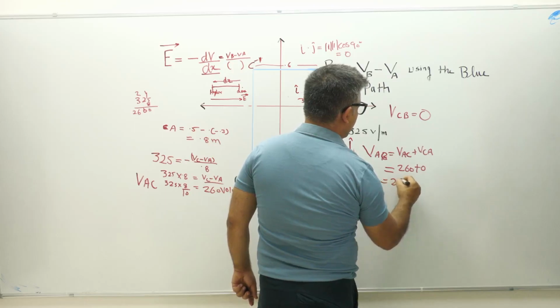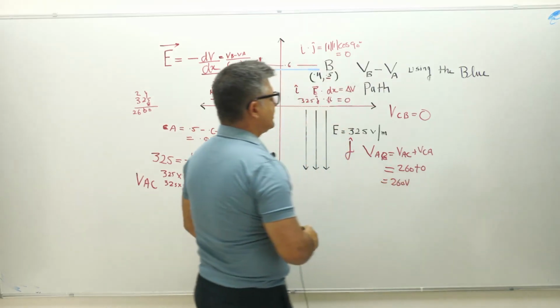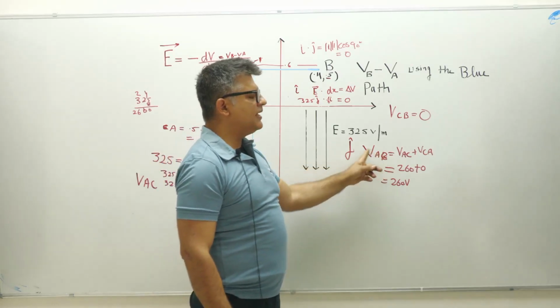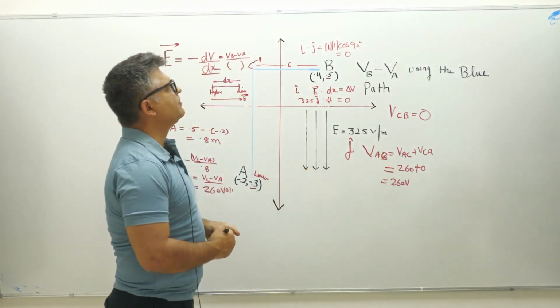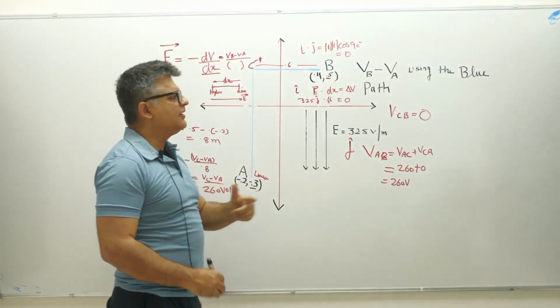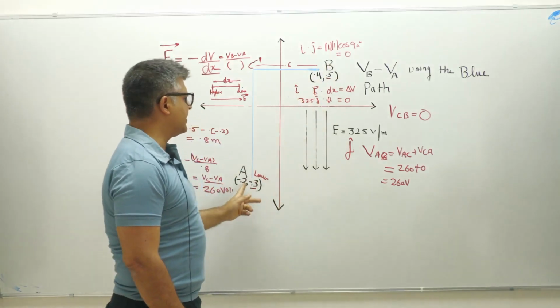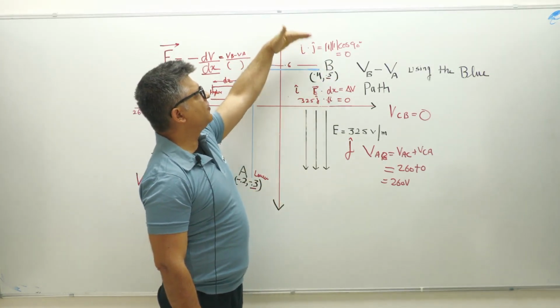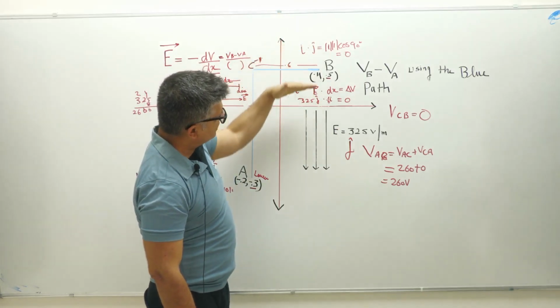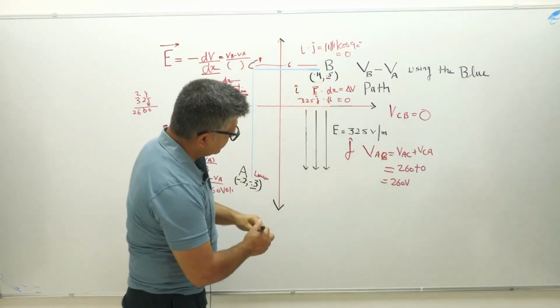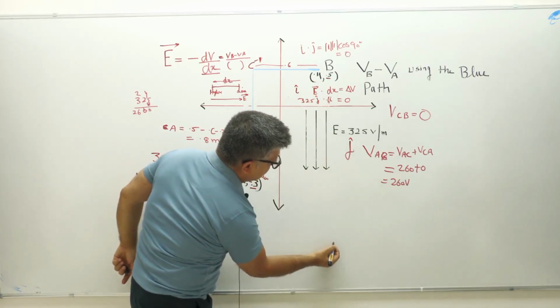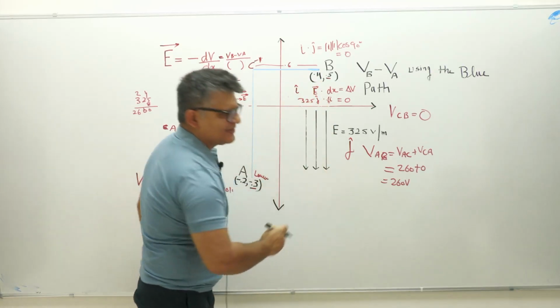So 260 volt is your answer. So the potential difference between B and A is 260. Also specifying clearly that B is at higher potential than A, because if you're going downwards, the electric field going down, maybe further down below, the electric potential will be less.